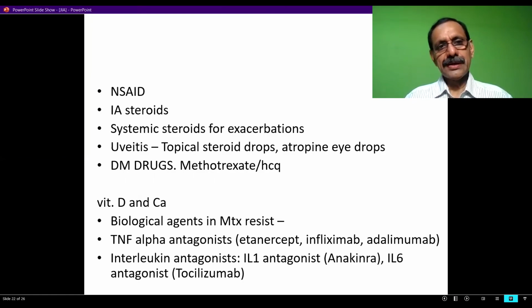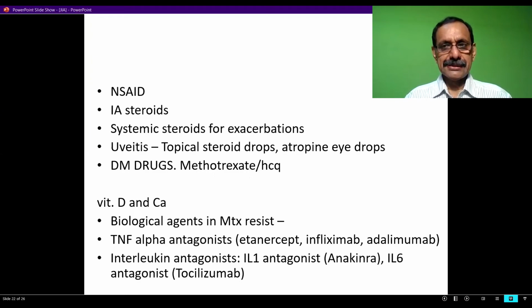But over a period of time, these disease-modifying drugs take over. So the dose of other drugs can be brought down or even taken off, and the child may be maintained on disease-modifying drugs. So disease-modifying drugs are essential to prevent joint damage. But for immediate relief, this is no use. For that, you have to either go for NSAID or steroid.